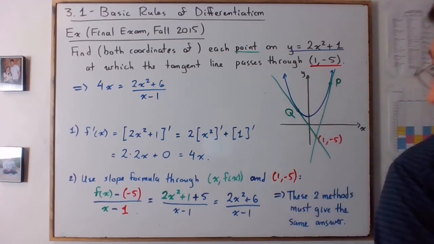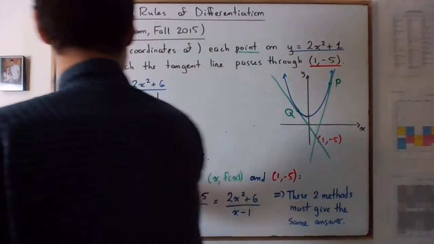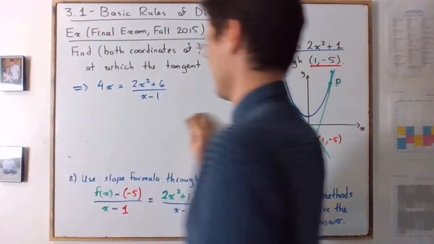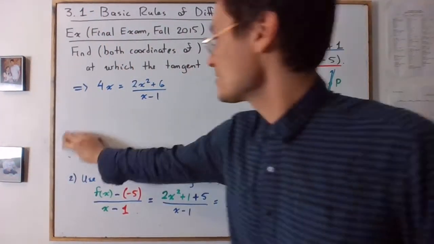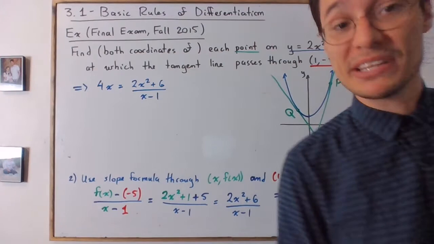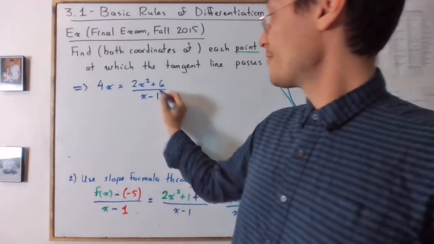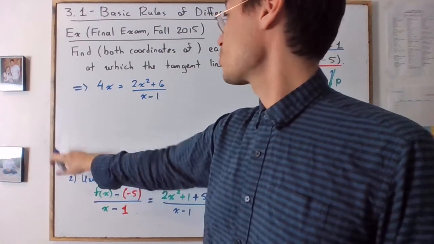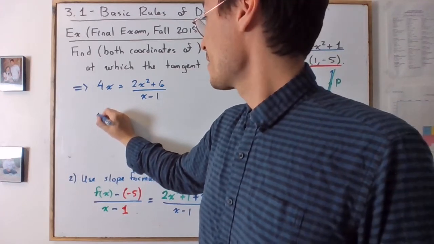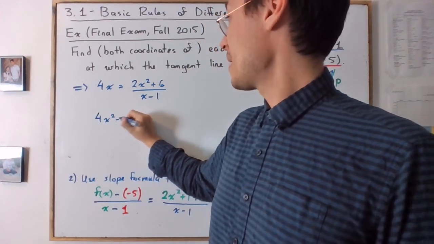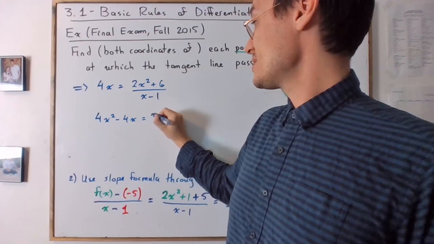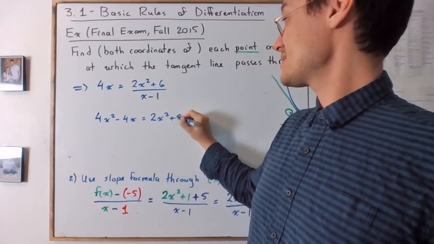At this point, I can erase the number 1 because I don't need it anymore. Solving this equation is not that hard. You first multiply both sides by x minus 1. So you're going to get here 4x squared minus 4x, which is equal to 2x squared plus 6.